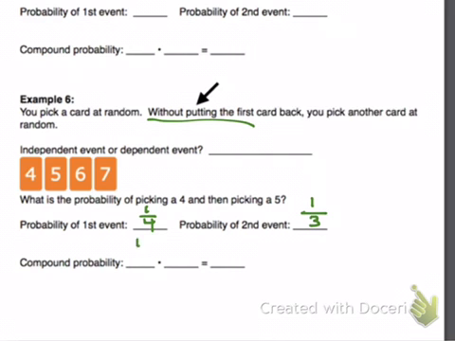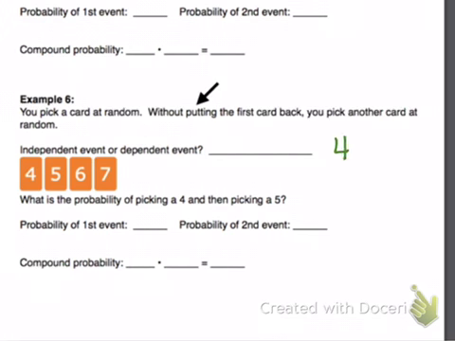So how do you figure the compound probability? 1 in 4 times 1 out of 3. So that would be 1 out of 12. Okay, and before you go, a couple things I want to show you definition-wise. Think of all the possible outcomes you could have if you pick 2 cards and put 1 back after the first pick.